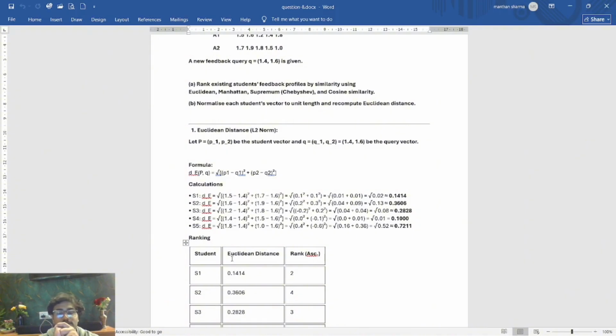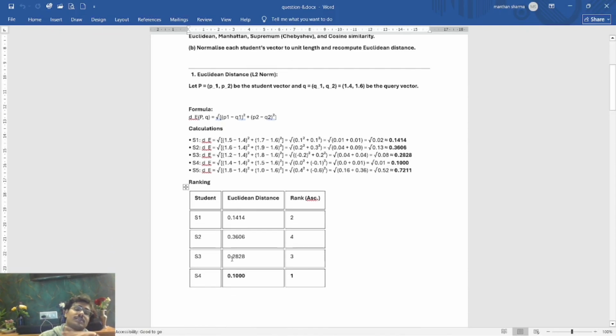So we have S1 equal to 0.1414, S2 approximately equal to 0.3603, S3 equal to 0.2828, S4 equal to 0.1000, and S5 equal to 0.722. So we have the student feedback pairs like this, and now we will be ranking.